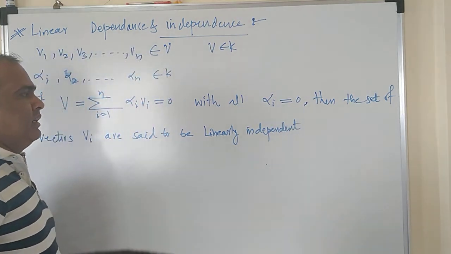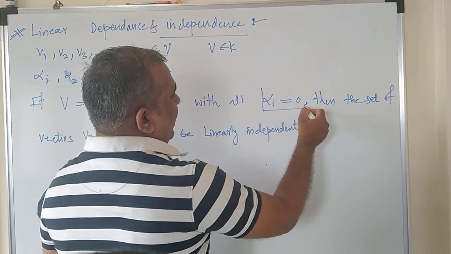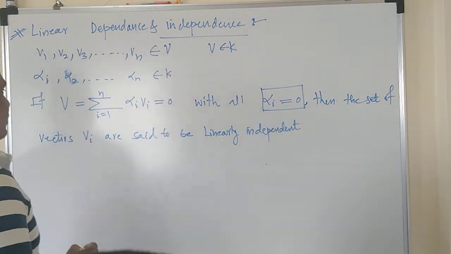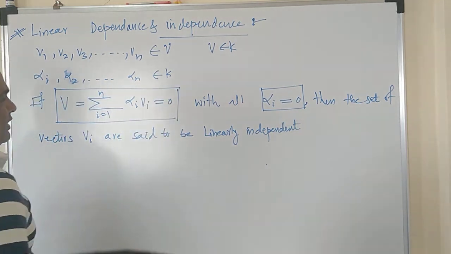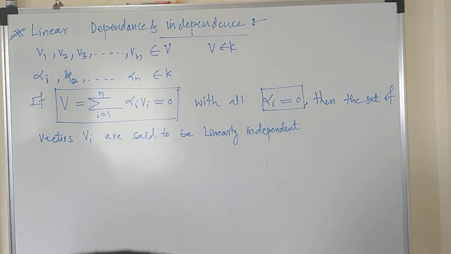What is the condition? The condition is that all alpha i must be equal to 0 with this equation. These are the two very important conditions for linearly independent vectors.